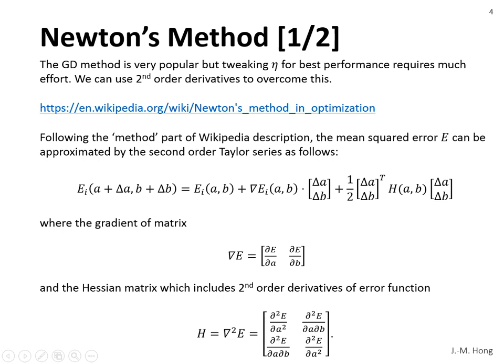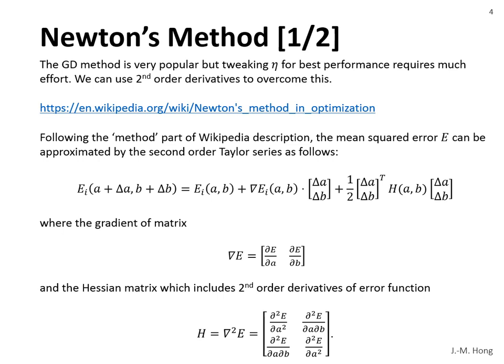So far, we used only first-order derivatives, round E over round A or round E over round B. In this case, round squared E over round A squared, round squared E over round A round B, and this is a symmetric matrix.